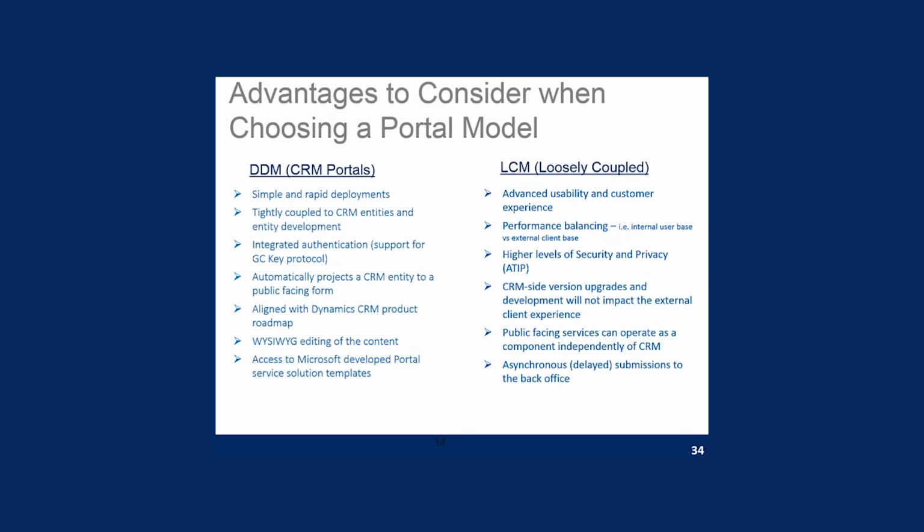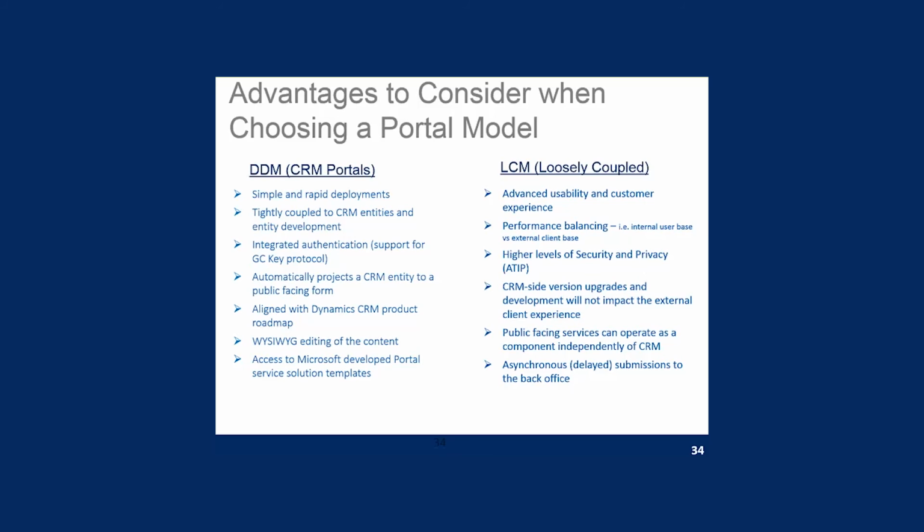Public-facing services can also operate independently of CRM. This is one of the very important features. In the first model, if your CRM goes down and is not accessible for any reason, then your portal is also not going to be accessible, because it needs the CRM for functioning.